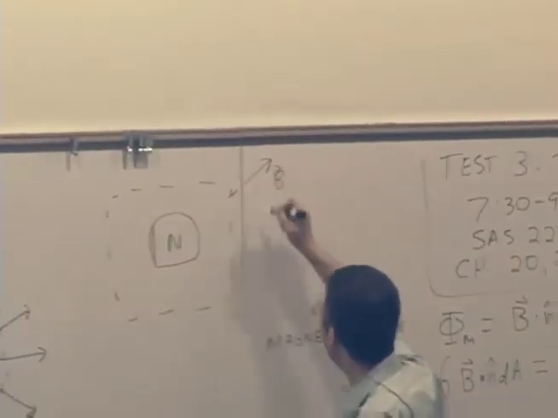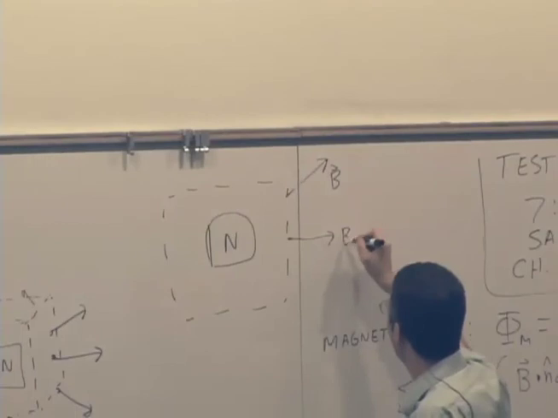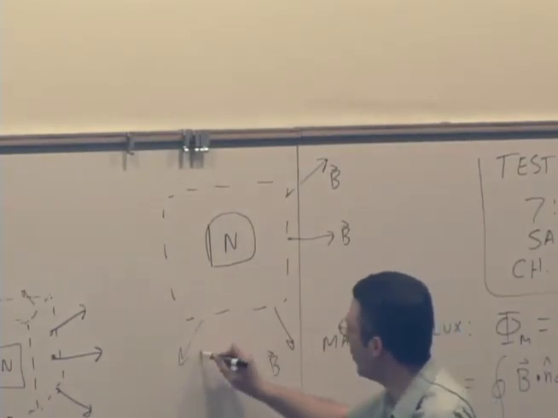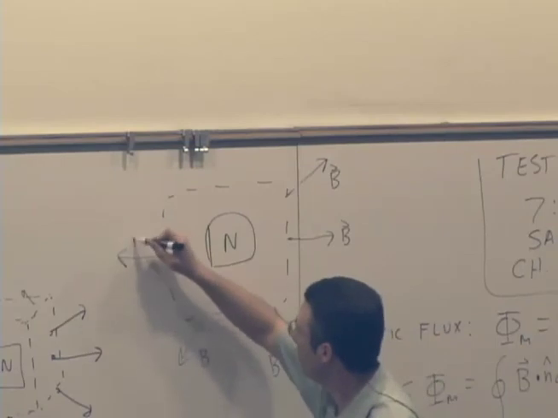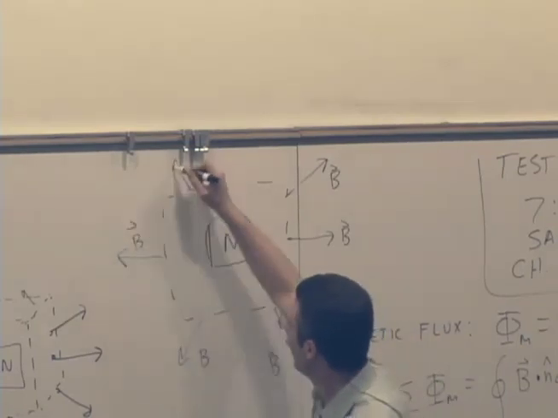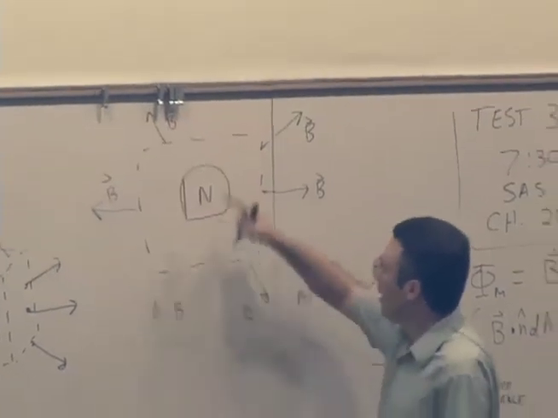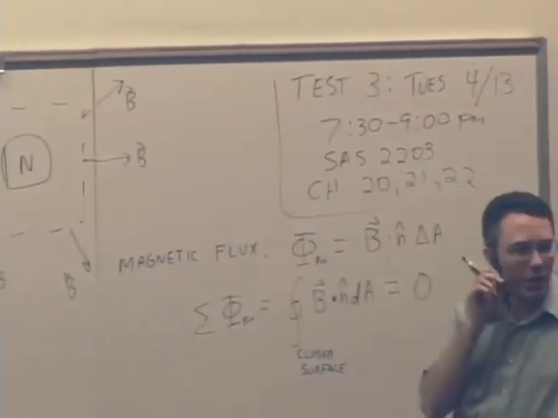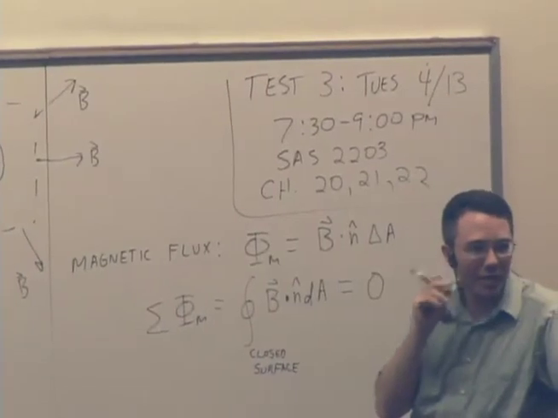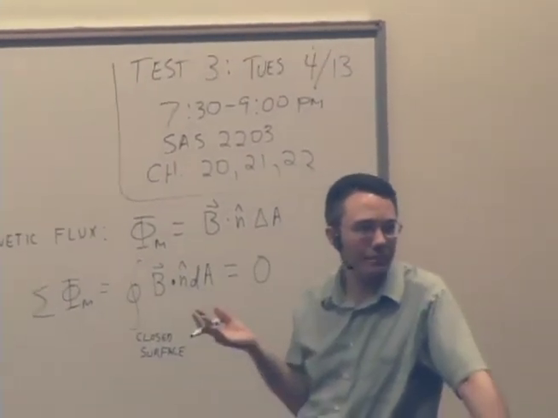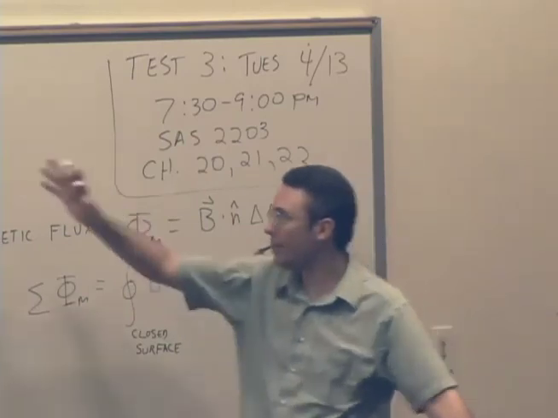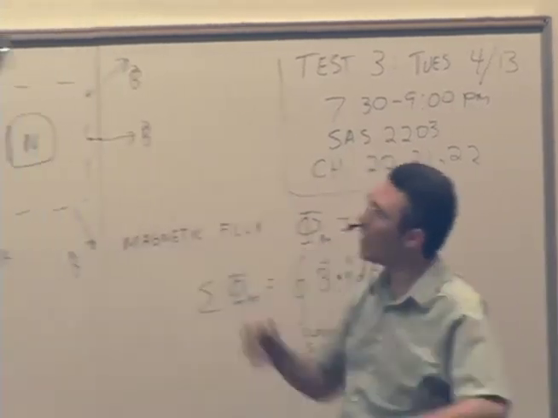You'd have a magnetic field pointing out away from that isolated north pole. And if I added up all the flux over this closed surface, over this box surrounding this isolated north pole, what would the sign be? Give you a positive, right? Give you a positive because the field's pointing toward the outside.